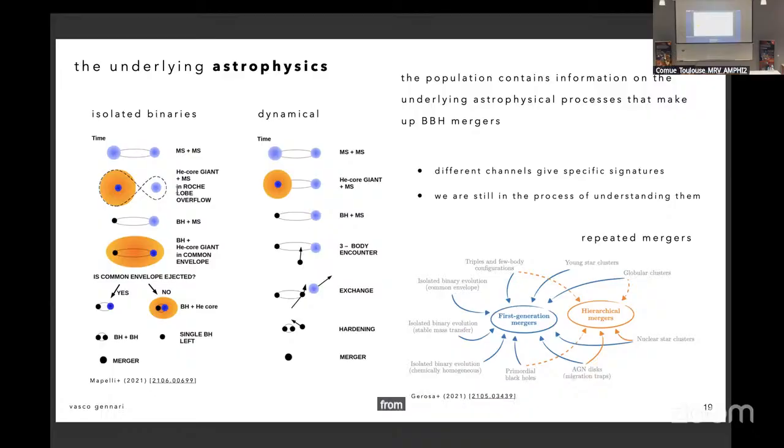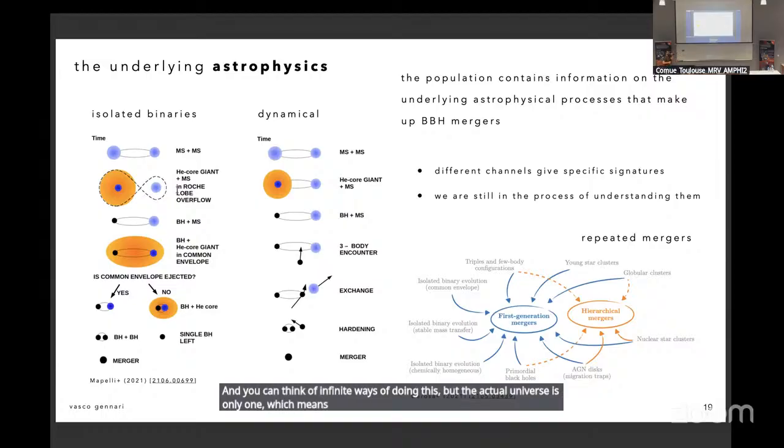Then you have to bring black holes together. You can think of infinite ways of doing this, but the actual universe is only one, which means there will be a collection of astrophysical processes that contributed to the actual catalog that we have observed.